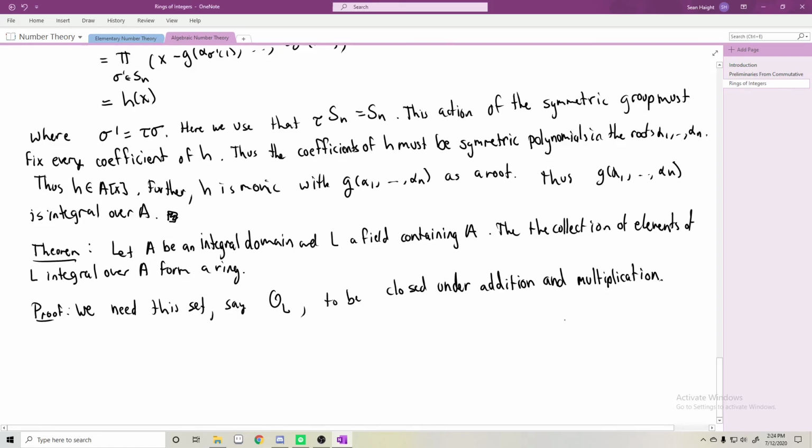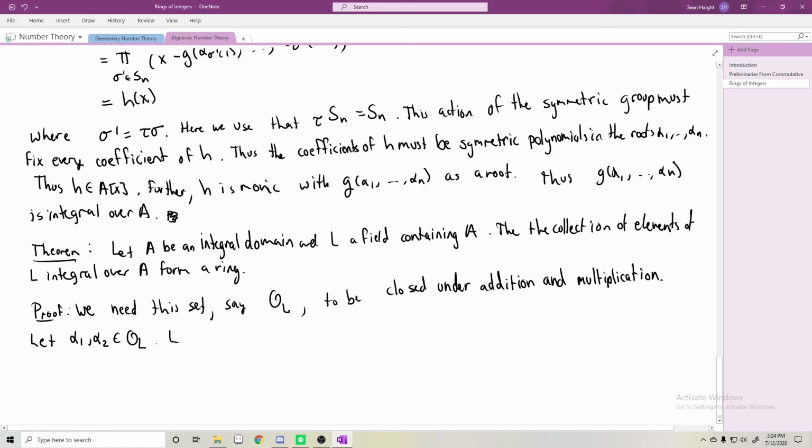Okay. So I'm just going to show that it's closed under addition and the other argument is almost identical. I'm going to let alpha 1 and alpha 2 be integral over A.